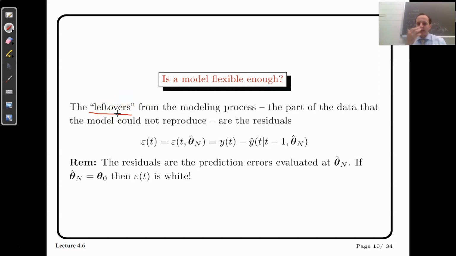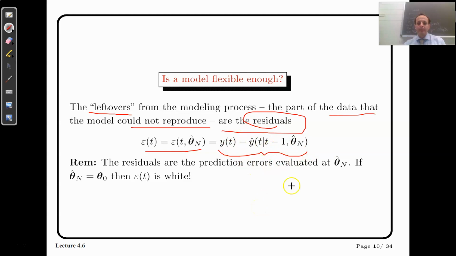So it means the part of the data that the model is not able to reproduce, which are the residuals. Normally the residuals are defined, as we already saw, as the difference between the real output and the predicted output. Of course, they are evaluated on the estimation of your parameters.